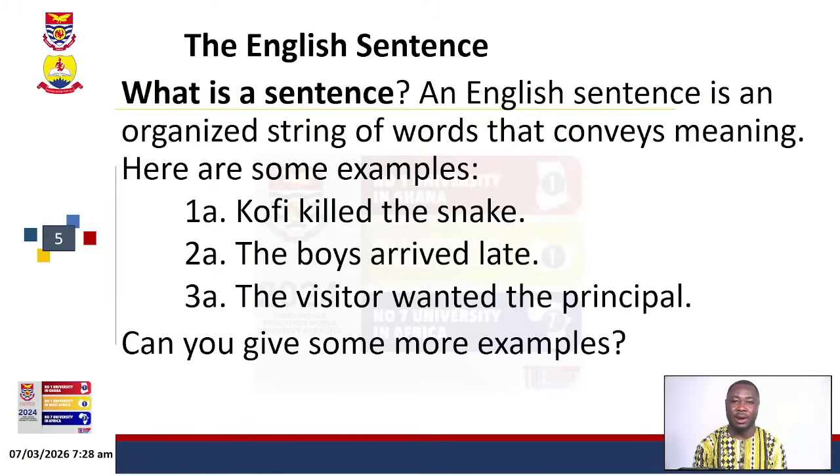The boys arrived late. Perhaps the lecture began late. The visitor wanted the principal. I hope you can give some examples. Most of the constructions you make when you are asking for things, when you are directing people, are sentences.